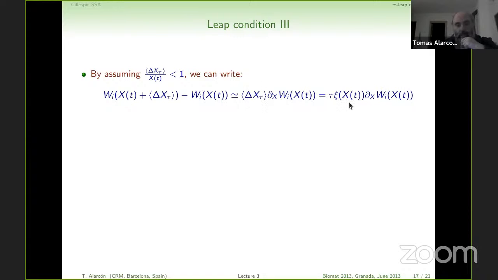The first term will cancel, and we only keep order delta x terms. Using the calculation that we did before, this delta x can be substituted by this thing here. And therefore, using the tau-leap condition, this is what we obtain.